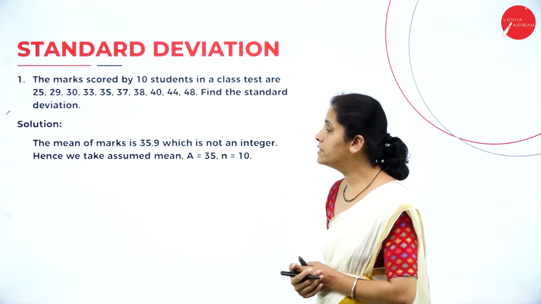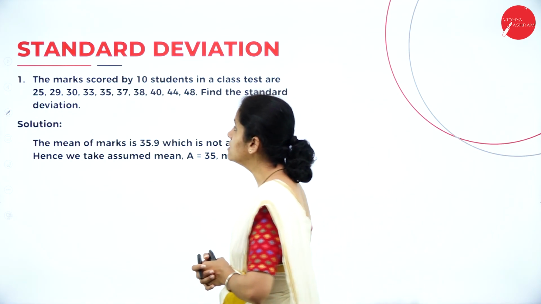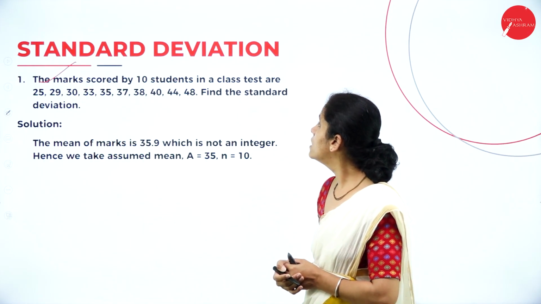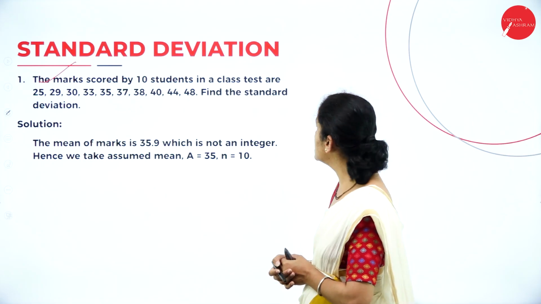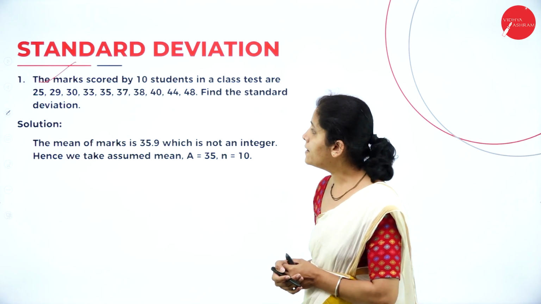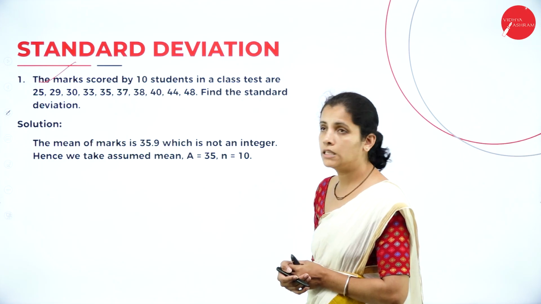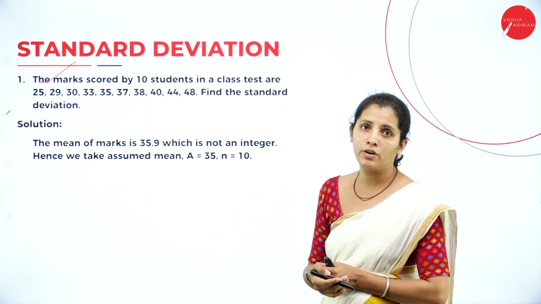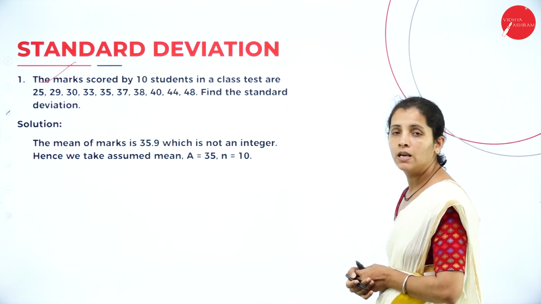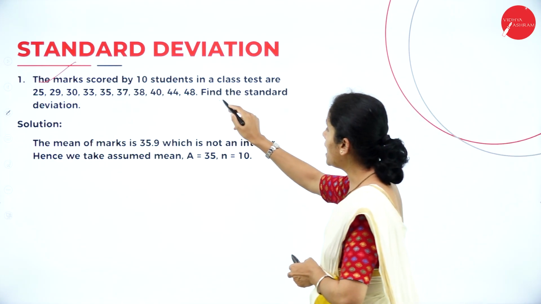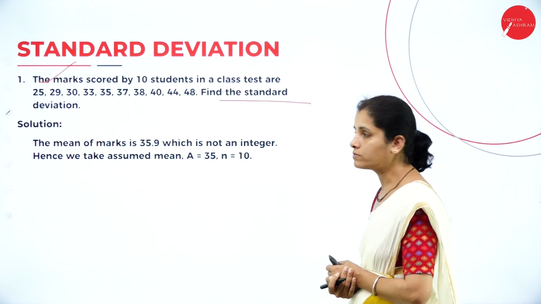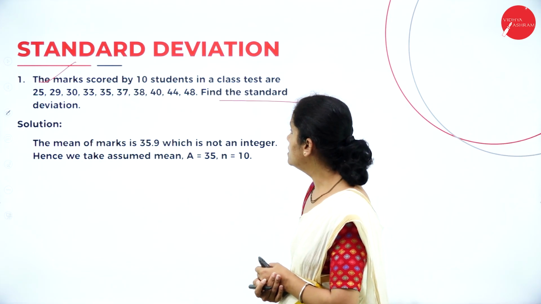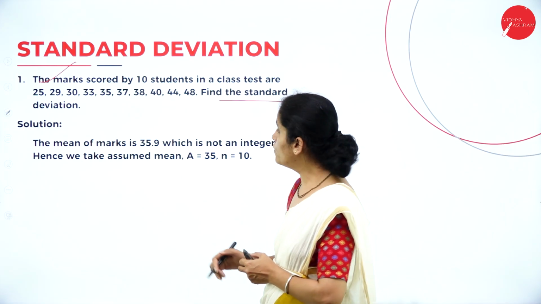Now, I am going to take an example problem. The marks scored by 10 students in a class test are 25, 29, 30, 33, 35, 37, 38, 40, 44 and 48. Now I want to find the standard deviation. So dear student, if I go with the mean method, what is the mean I am going to get?